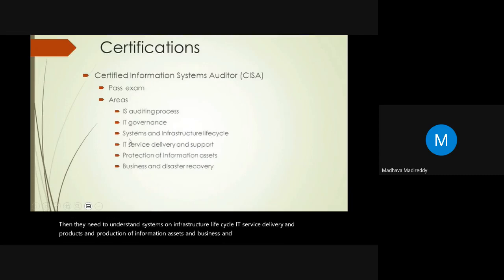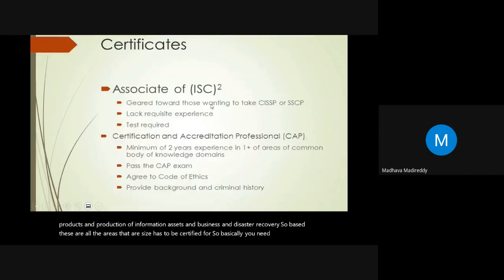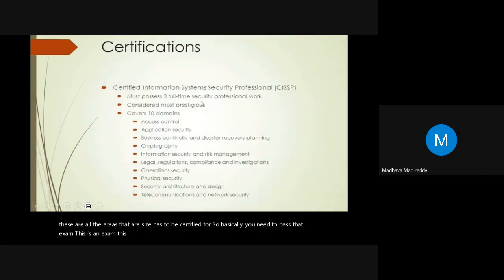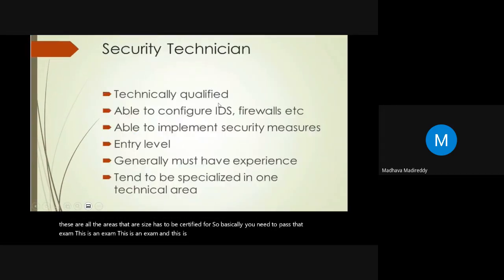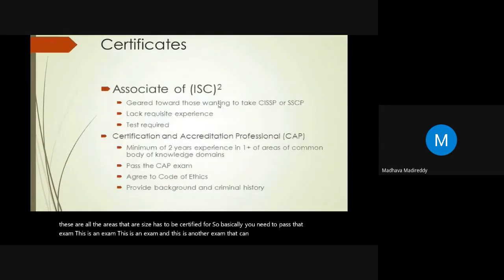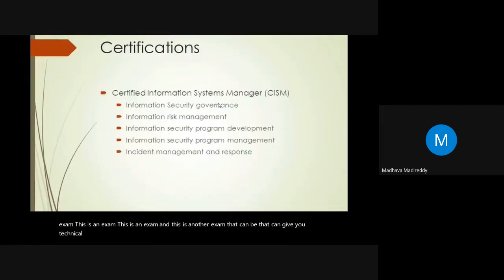So these are all the areas that CISA has to be certified for. Basically you need to pass that exam. This is another exam that can give you technical qualifications to become certified in the field that you want.